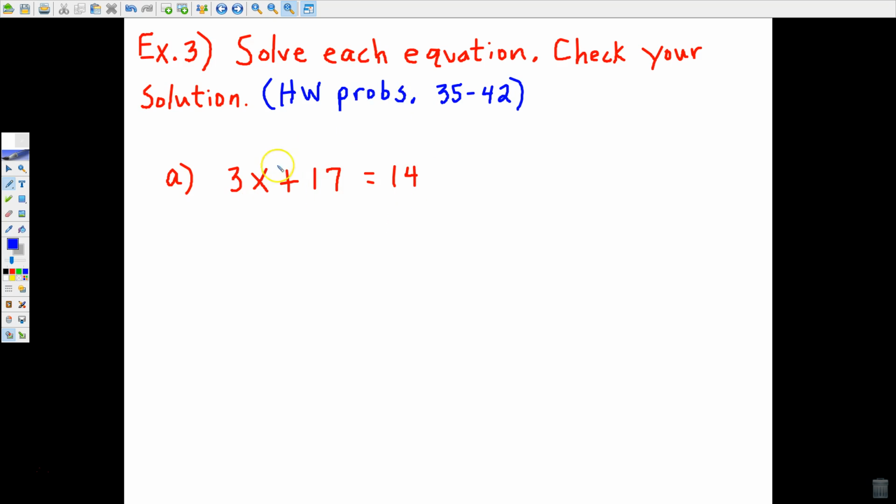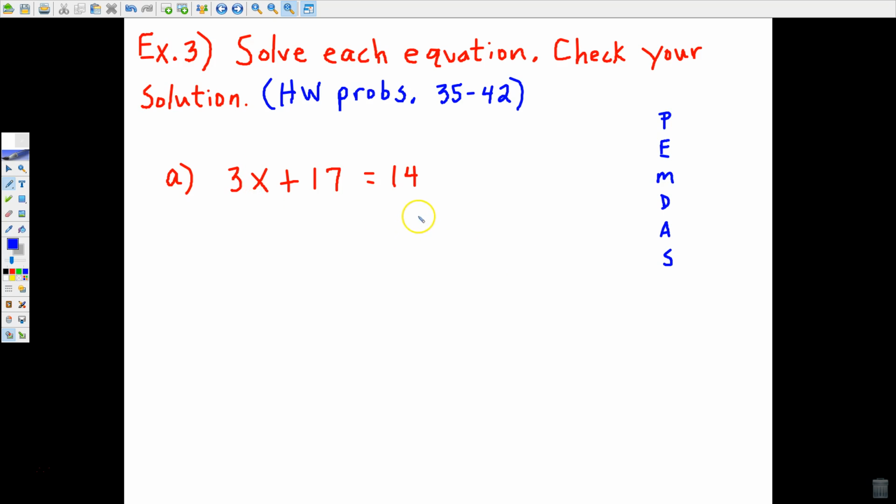We're solving equations, one variable, and just remember, I'm stressing this way of thinking when you're solving for a variable, and that's just another way of saying isolate or get that variable by itself on one side of the equation.